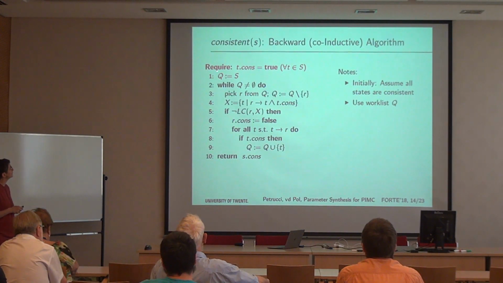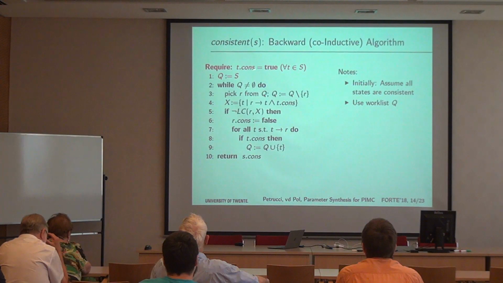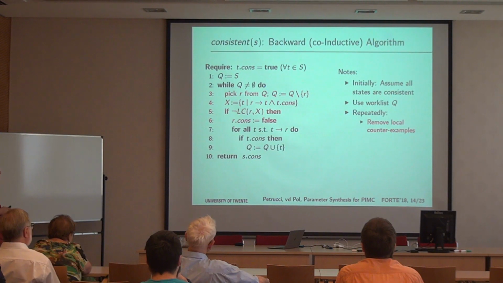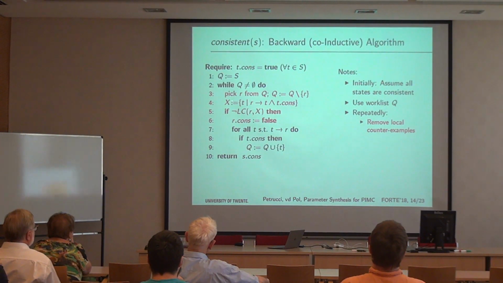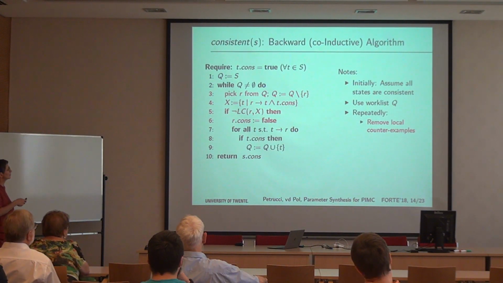Initially, we say that all states have consistency true, we assume that they are all consistent, and we use a working list Q equal to the set of states to be examined. Then we repeat a loop: we take one state in Q, and we remove from the consistency set all the local counterexamples.